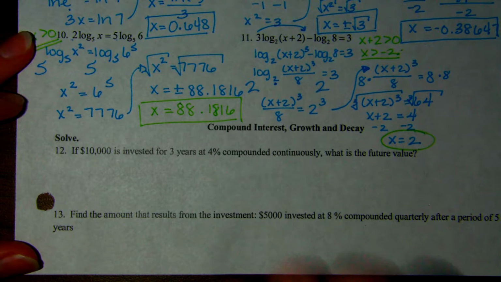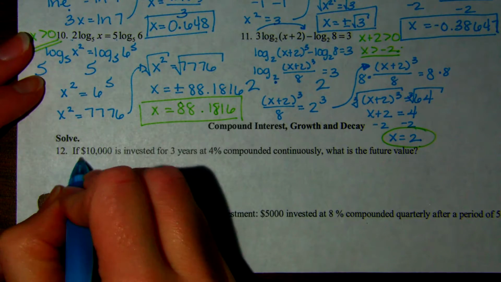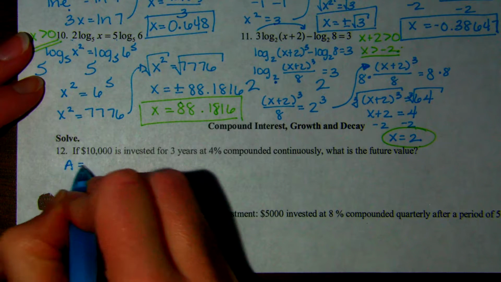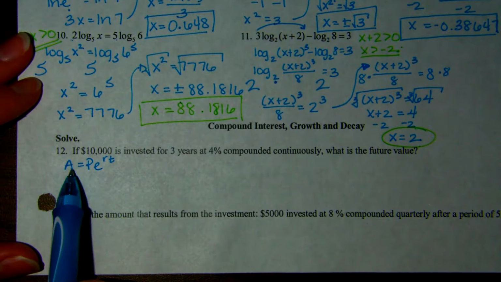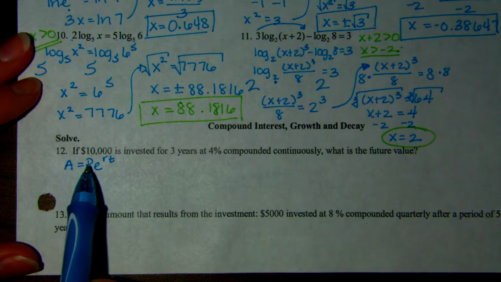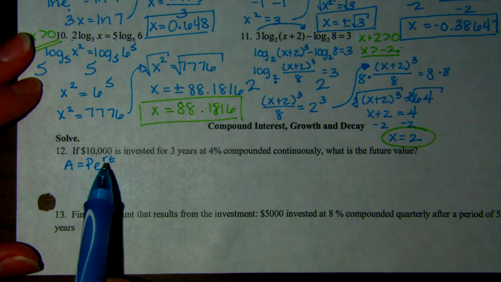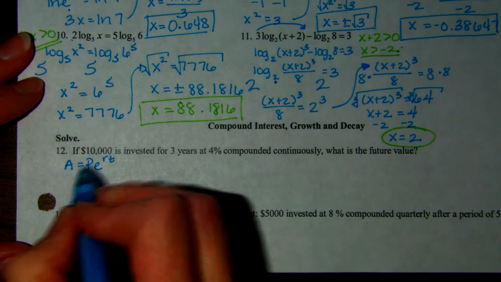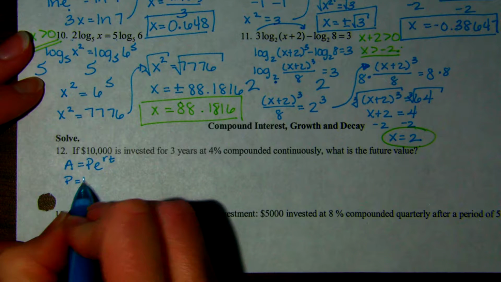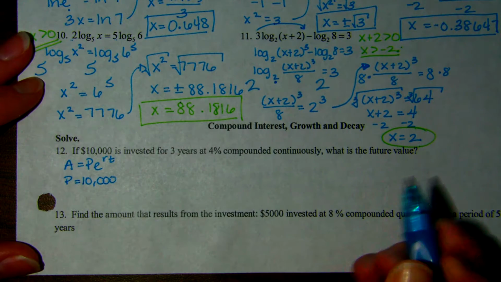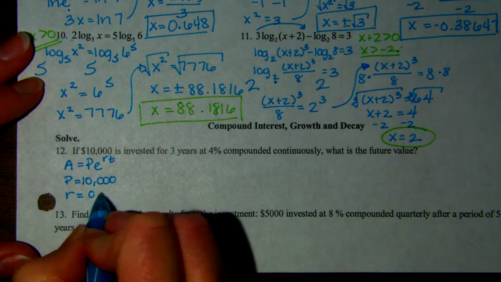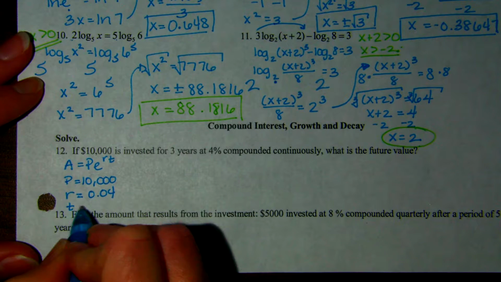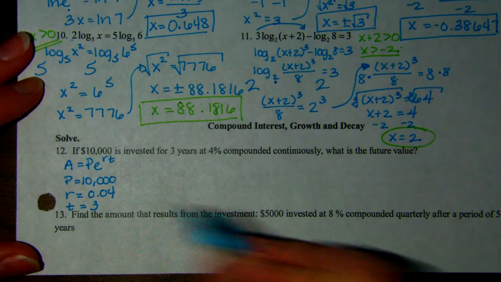So remember that compounded continuously, that's this function, A equals P e to the rT, where A is our final value, P is our principal, that's how much we put in, r is the rate, and t is time. They gave us most of these. They told us we put $10,000 in the account. They told us the rate is 4%, which we write as 0.04, and they told us we're going to leave the money in the account for 3 years.